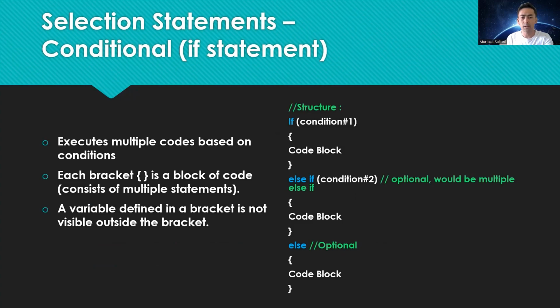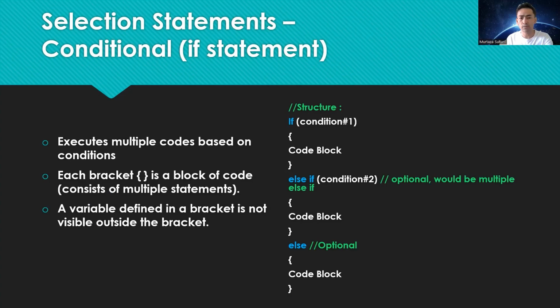Okay, let's get to statements. We have mainly two types of statements. One is the conditional or if statement, and the other is iteration statements, which we will talk about soon. The conditional statement, or if statement, executes different code based on conditions.